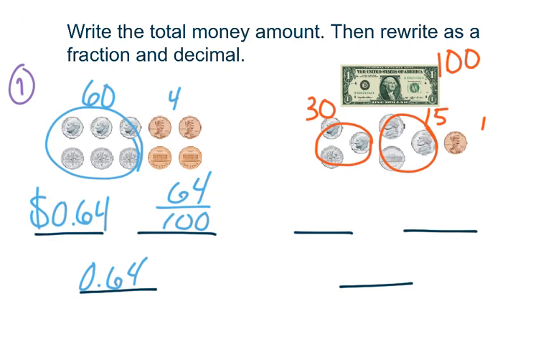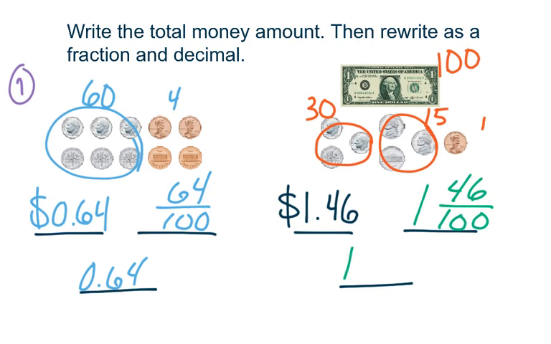When I add all of these up, I have 146 cents, or $1.46. If I rewrite this as a mixed number, I have 1 and 46 hundredths. And then as a decimal, I have 1 and 46 hundredths. And those are my amounts.